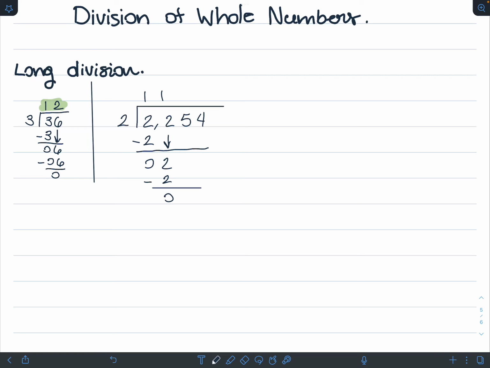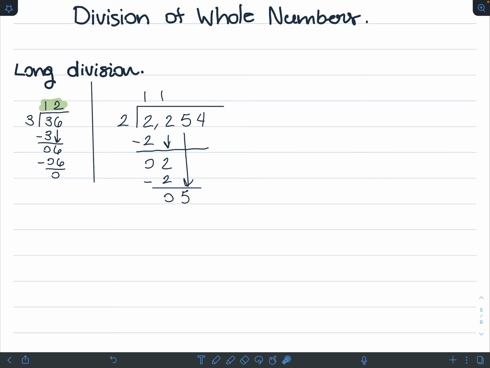2 take away 2, we get 0. Bring that 5 down. Now what number times 2 can give me 5? 2 times any number does not equal 5. But 2 times 2 gives me 4, and that is one number less than 5.